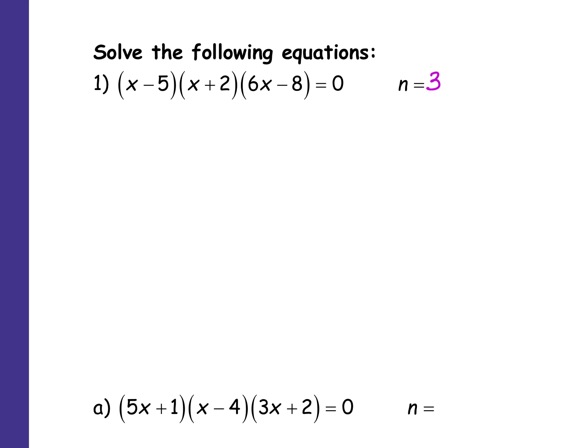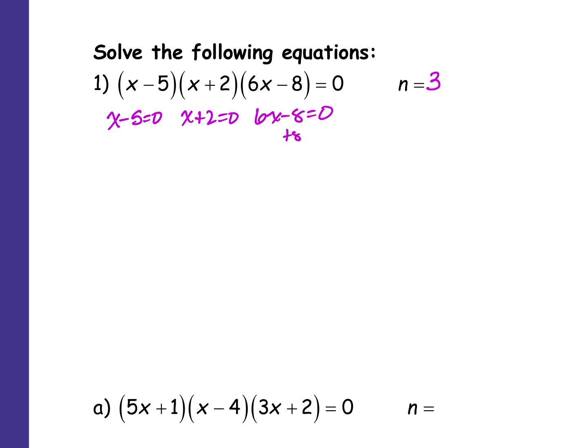So I should have 3 answers. I have 3 things multiplied together that equal 0. That means that one of those things has to be 0. So either x minus 5 equals 0, x plus 2 equals 0, or 6x minus 8 equals 0. And I just solve for x.